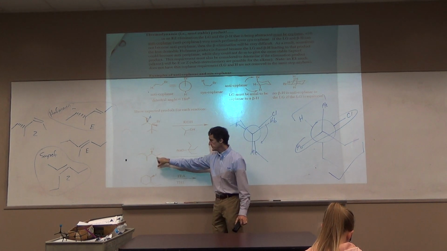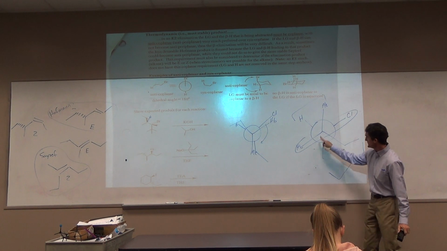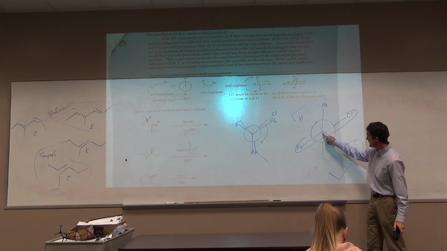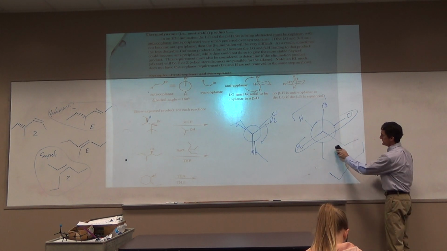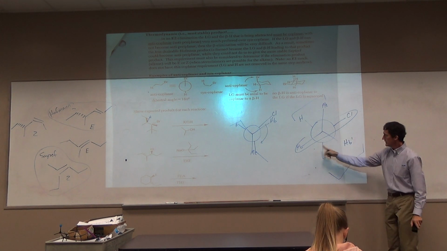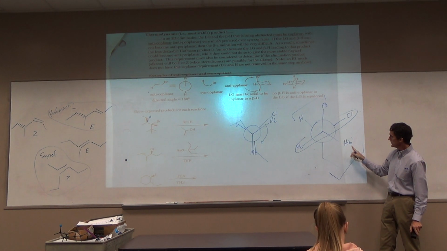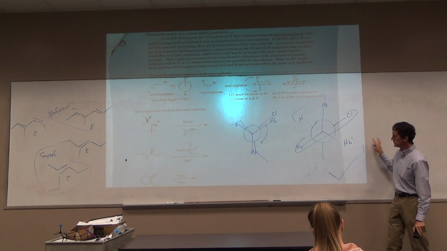Again, if there's two H's you're dealing with, you don't have to do this. Because if there was two H's on this carbon, for example, don't write this down. If there was another H here, it was HB prime, there was two, then you could show two good Newmans.